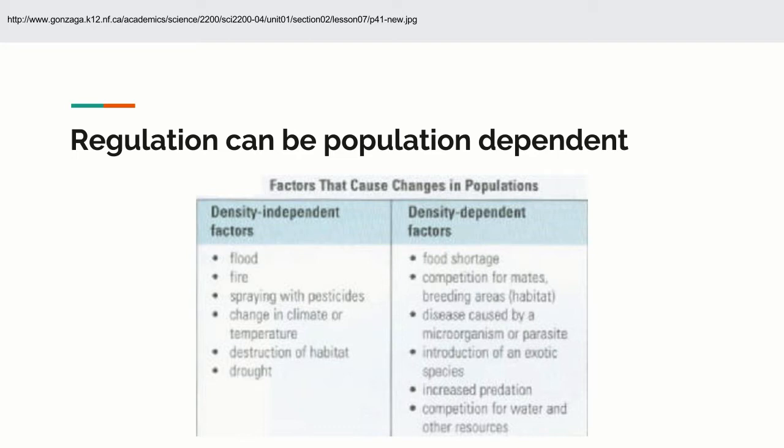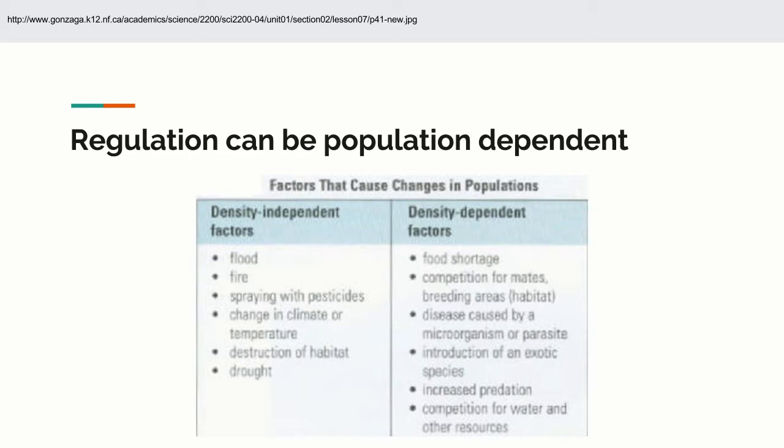But we can divide those things that control a population into two categories. One's called density dependent, and the other one is density independent. A density independent factor has absolutely nothing to do with the population size, and those are things that are going to limit the population. Meaning, like this list here, I'll read it to you, so I apologize for reading, but it says on the left side: flood, fire, spraying with pesticides, change in climate or temperature, destruction of habitat, or drought.